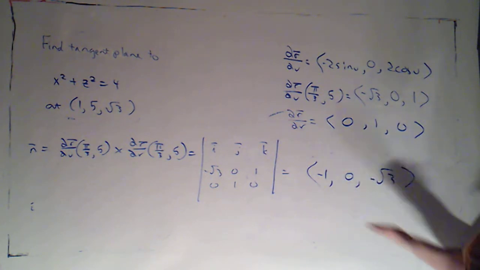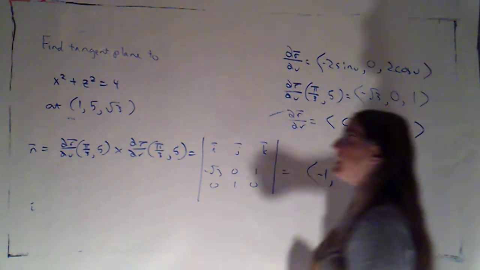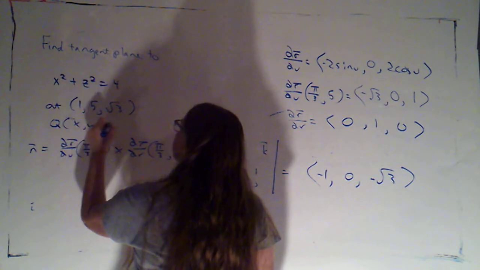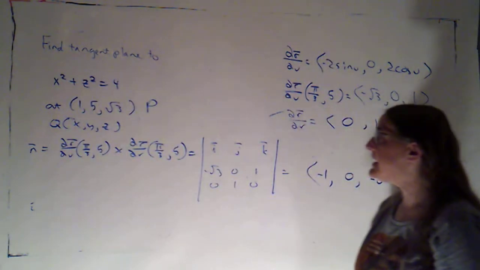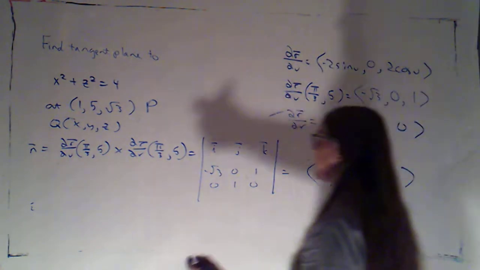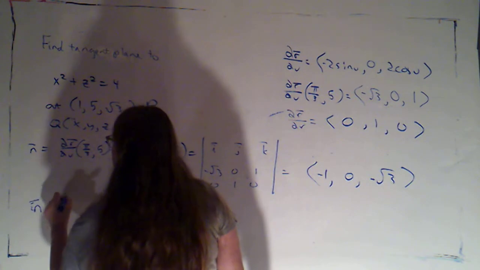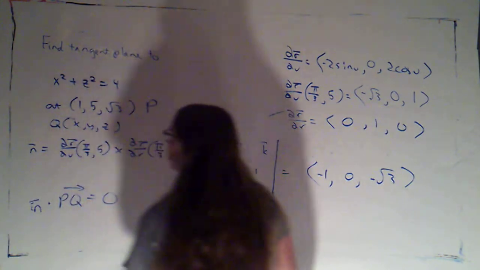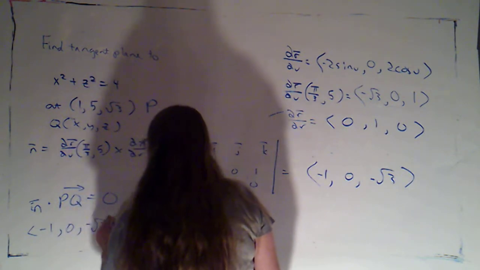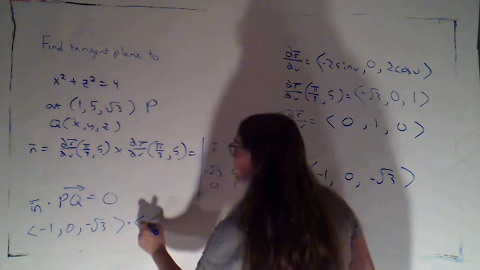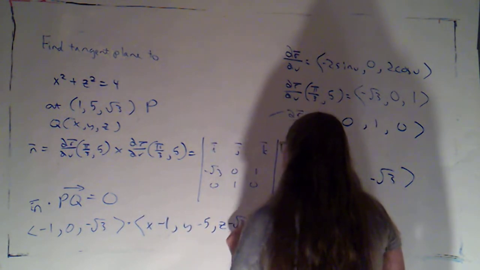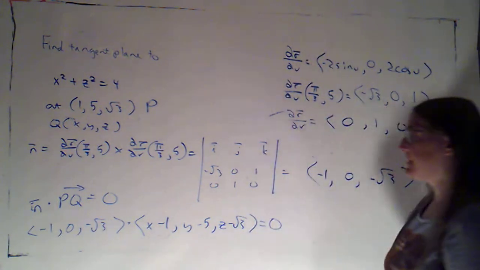I'm going to dot that with a vector that I get by looking at, if I had just Q being an arbitrary point (x, y, z), and this is my point P, I'm basically going to dot this with PQ to get 0. So n dotted with PQ, which will be parallel to the plane, is 0. So that's (negative 1, 0, negative root 3) dotted with (x minus 1, y minus 5, z minus root 3) is equal to 0.